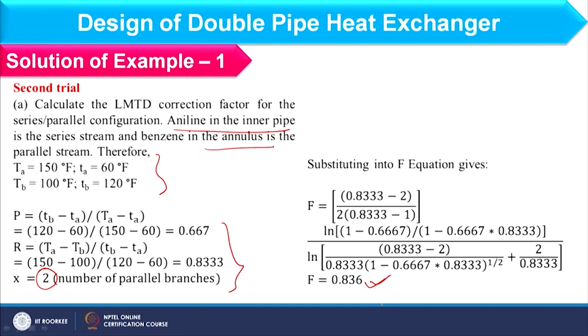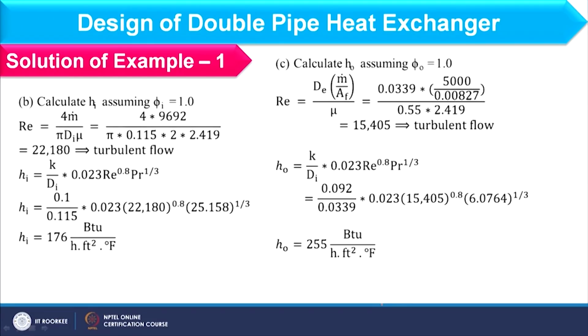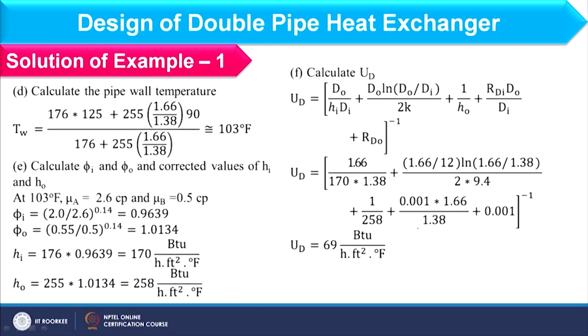So, Ft value we can obtain as 0.836. Considering this, we can calculate Hi value and H naught value like this. I am not going into detail of that, because this we have already discussed in first trial.